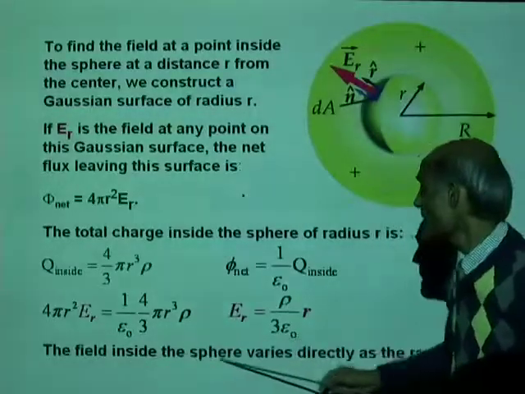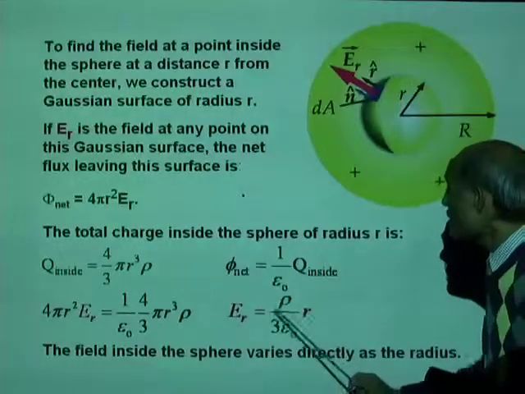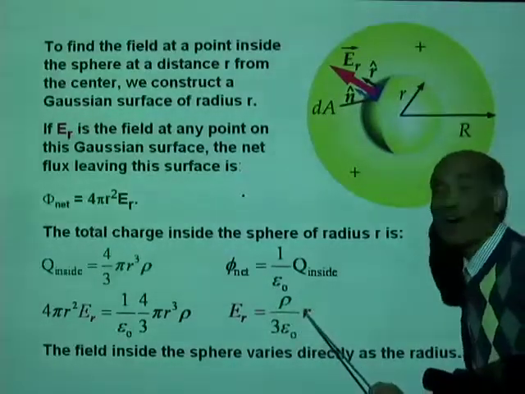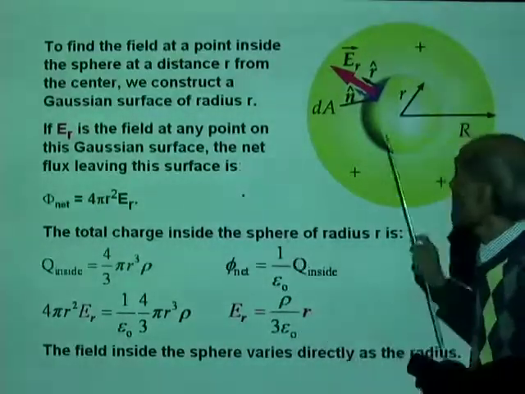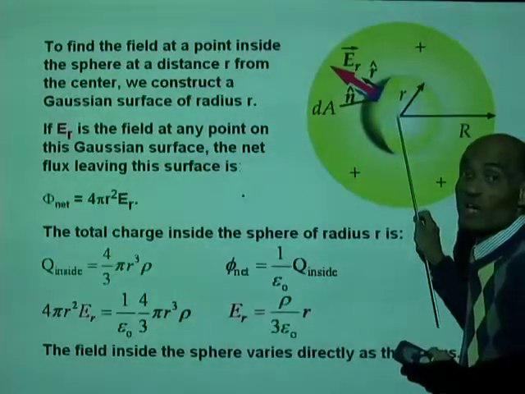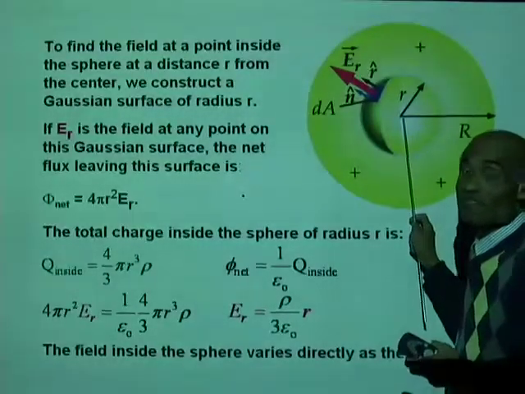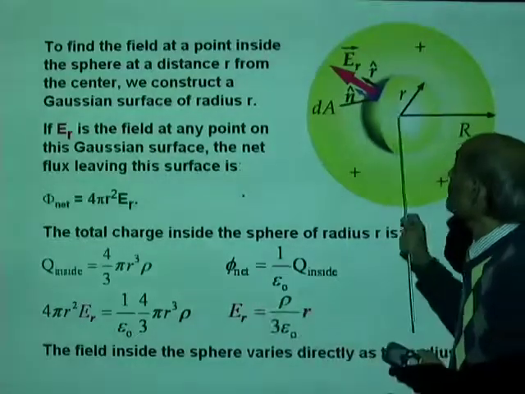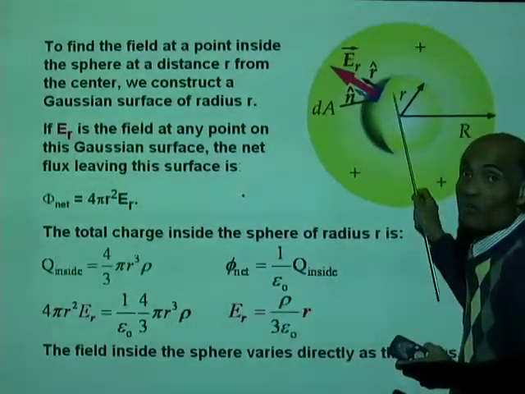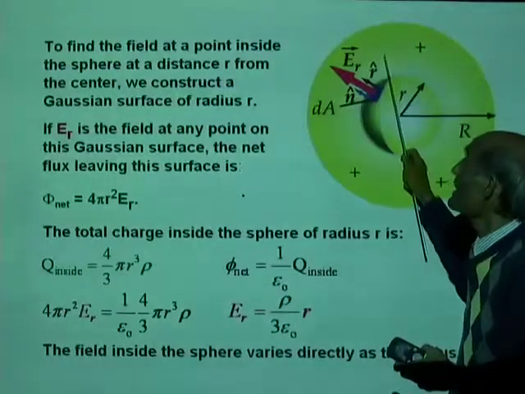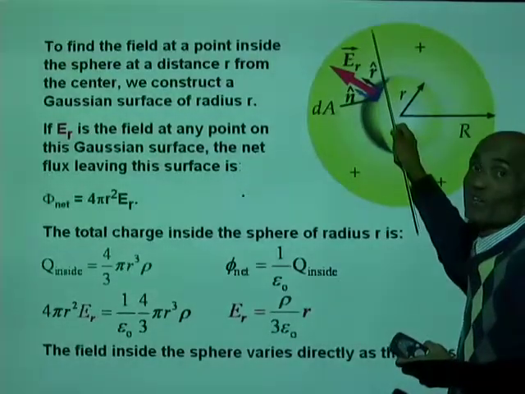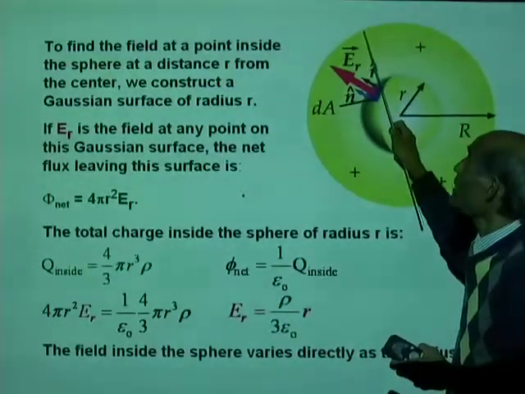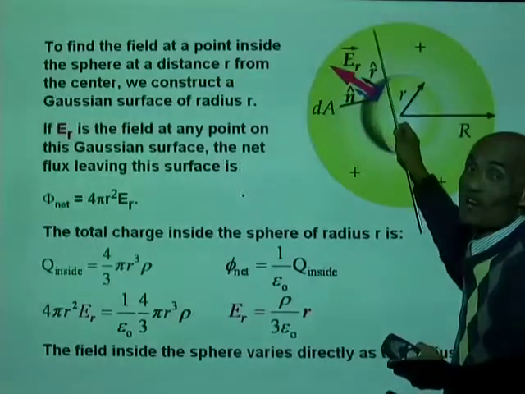Now the field inside the sphere varies directly as r. That means inside the sphere, the electric field at the center is 0. When r is 0, the electric field is 0, and as you move away from the center, the electric field increases. The electric field is maximum at the surface of the sphere.